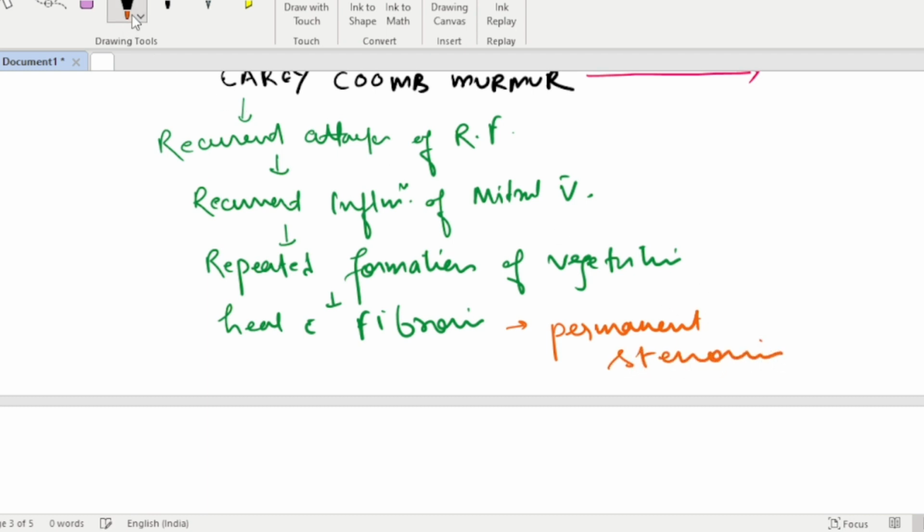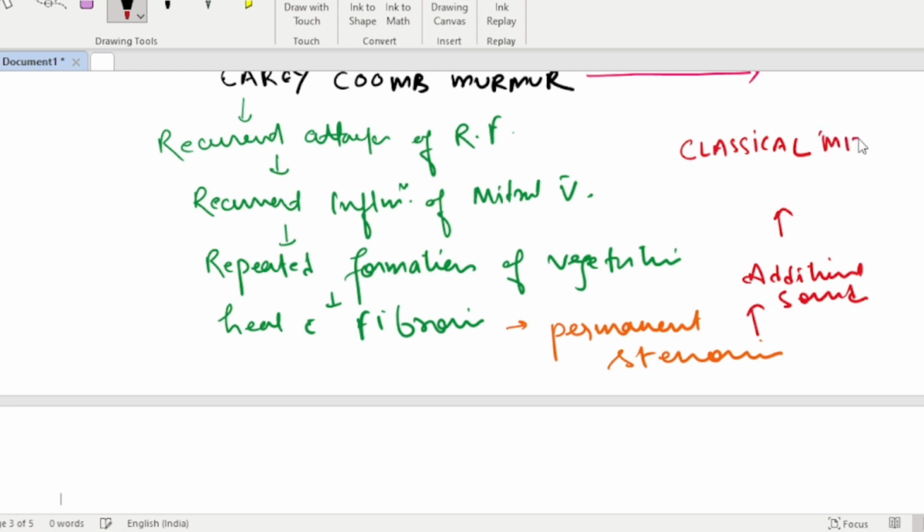Because of this permanent stenosis, there will be permanent narrowing of the valve, and it produces an additional sound, or murmur, which is known as the classical or typical murmur of mitral stenosis.